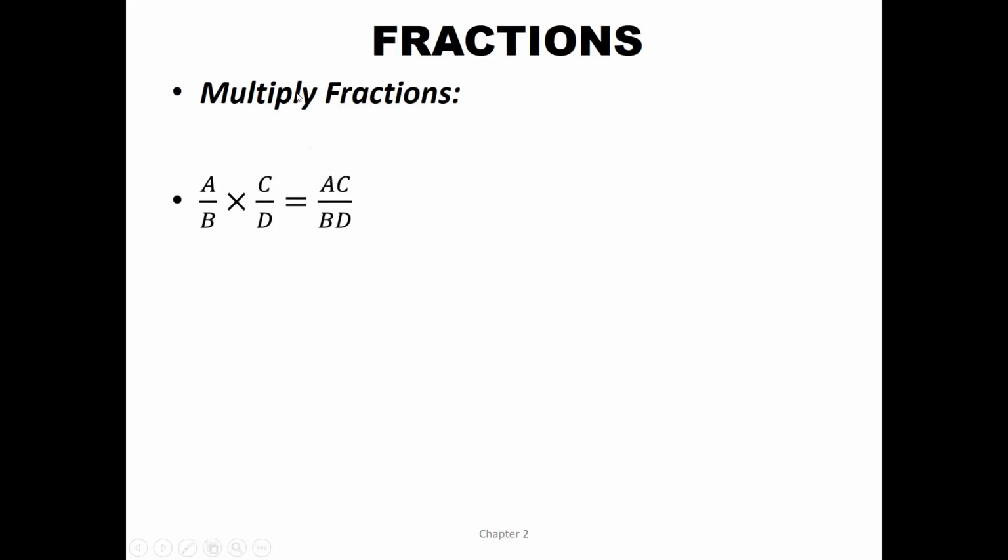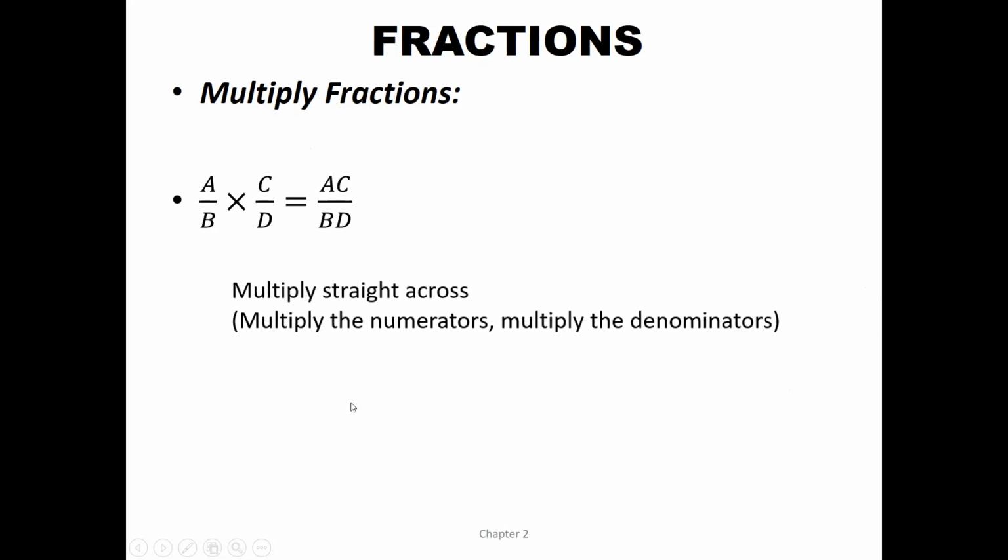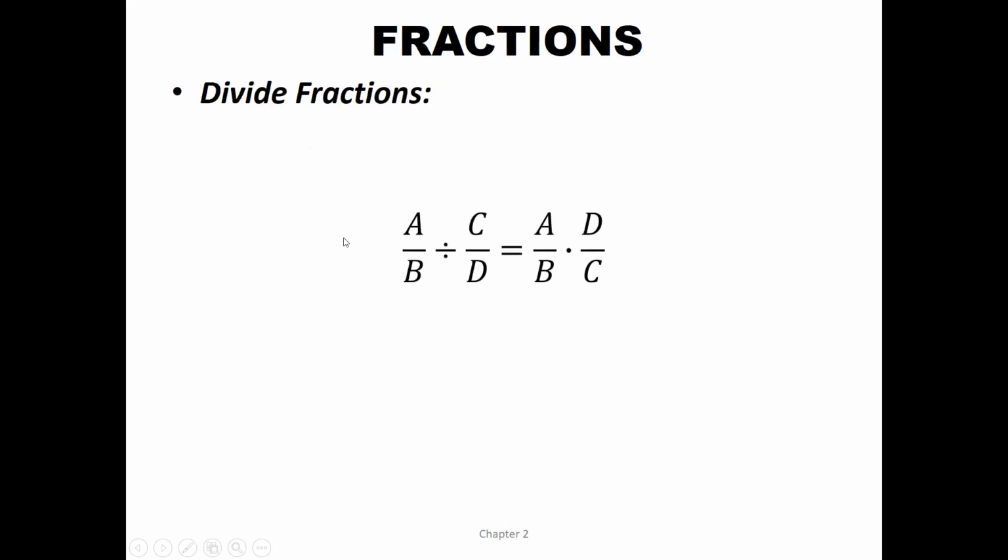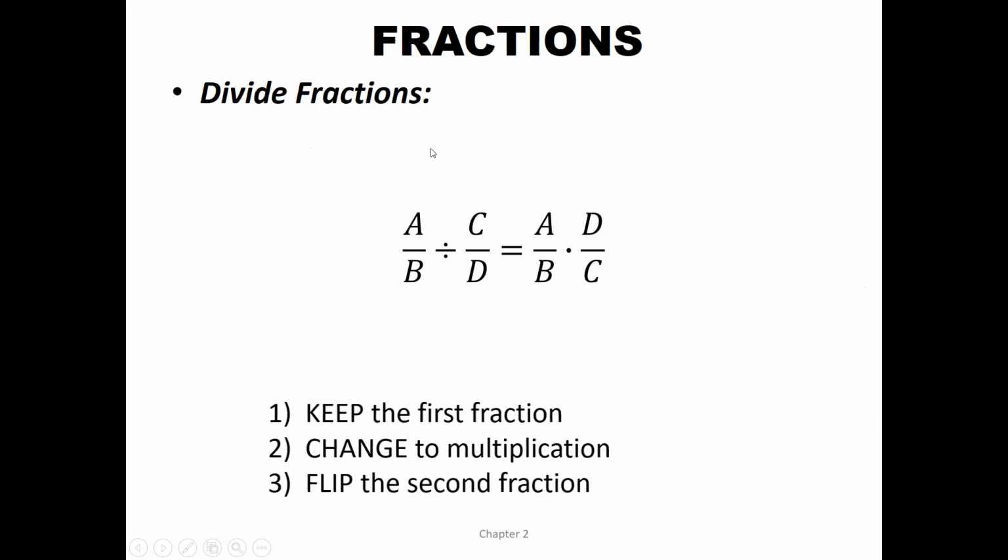When we multiply fractions, we multiply numerator times numerator and denominator times denominator to come up with this. So we multiply straight across. When dividing, what we do is keep the first fraction. Remember, this is a over b divided by c over d.